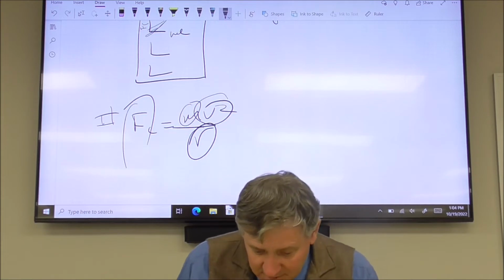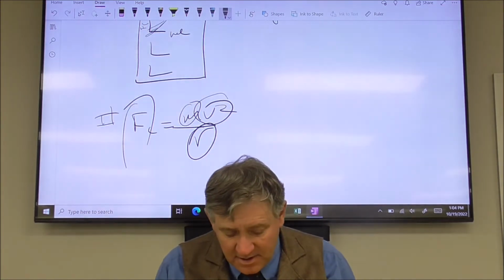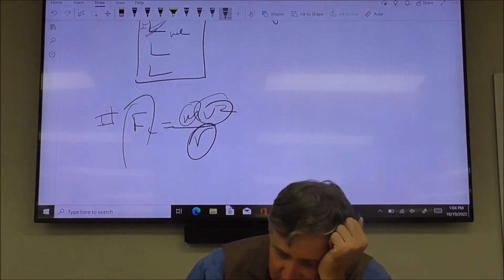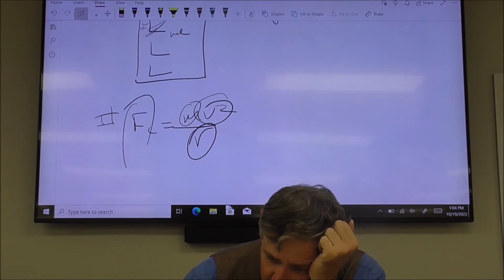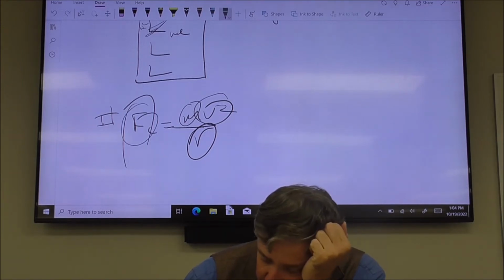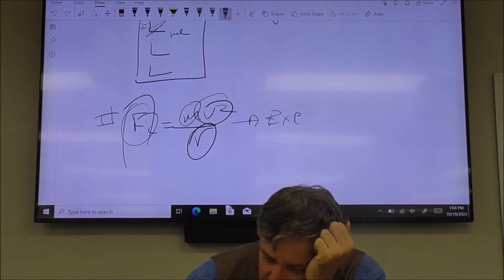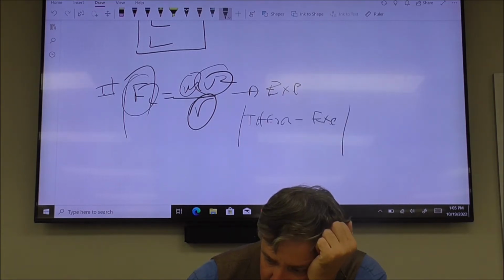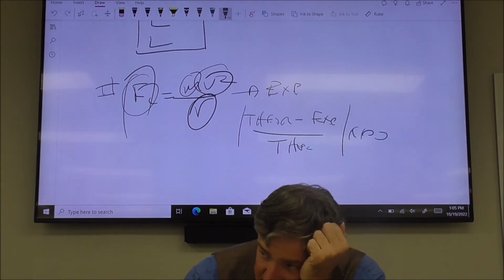That's why I tell you to calculate experimental error using the weight as the theoretical value and centripetal force as the experimental value. So you're going to take your theoretical minus your experimental, divided by your theoretical, times 100.